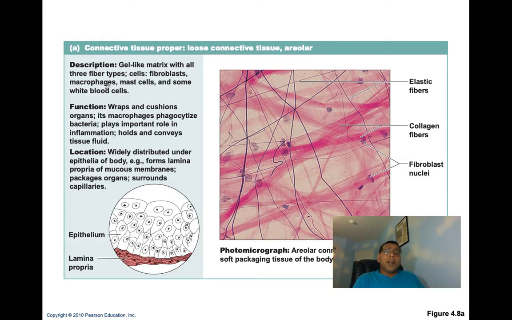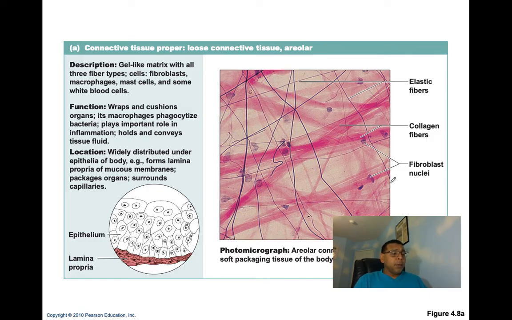Now, before we actually jump to the function of areolar connective tissue, I like to describe it as spaghetti and meatballs. Spaghetti are all the different fibers, and then meatballs are basically the nuclei from the fibroblasts.